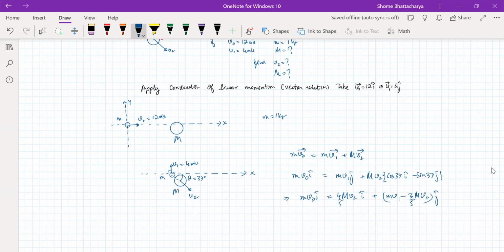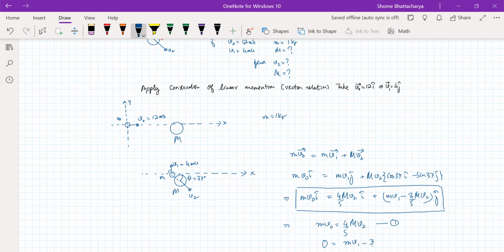When you look at this equation and compare the components, this is one equation we'll get, and this is the second equation we'll get.